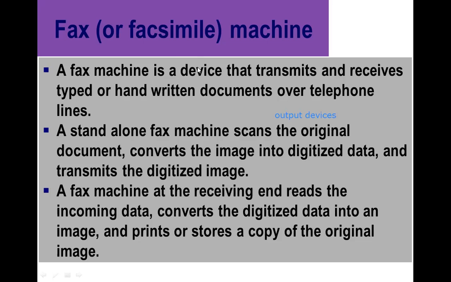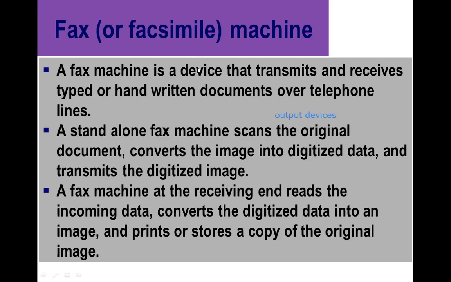Okay, when we move to the details of each and every device, a fax machine is a device that transmits and receives typed or handwritten documents over a telephone line. So these ones use telephone lines. As I said, you can send a message.